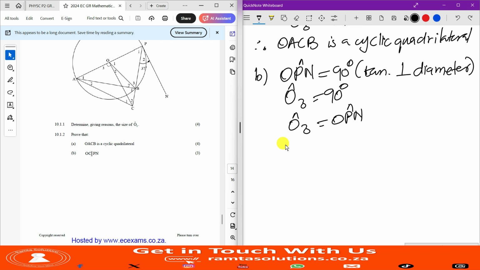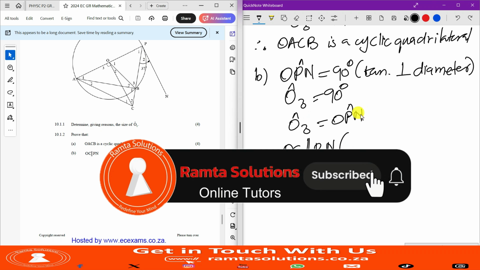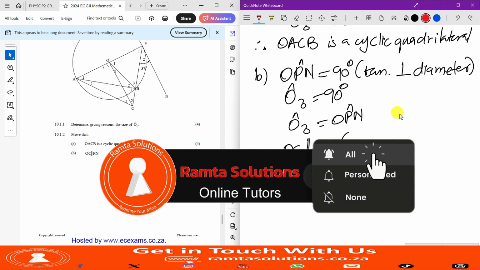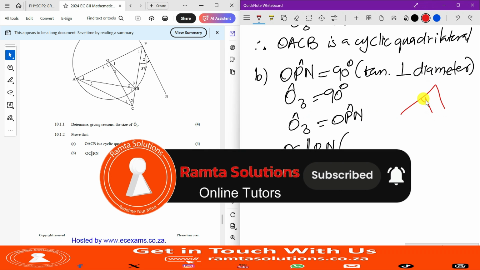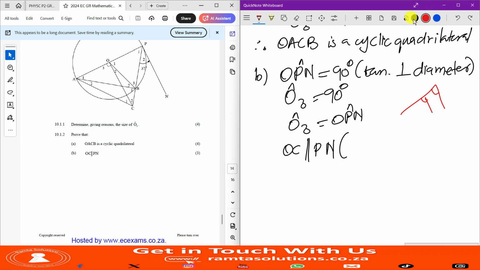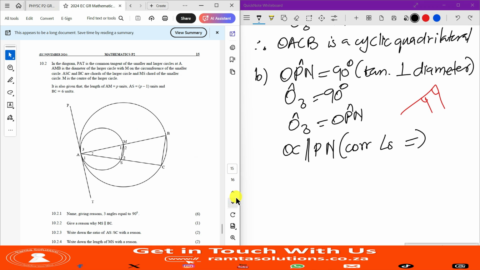This therefore means OC is parallel to PN. Why? These guys make an F shape. Since they make an F shape, the reason they are parallel is because corresponding angles are equal.